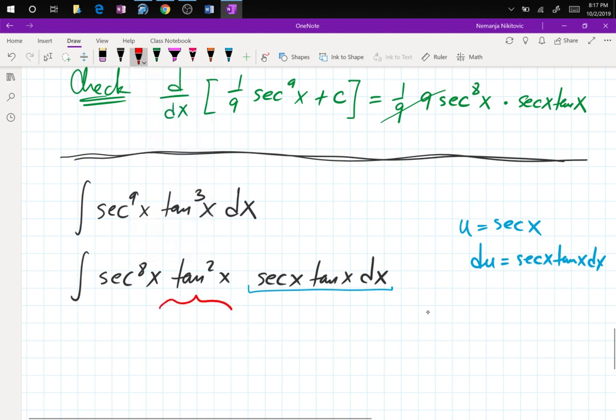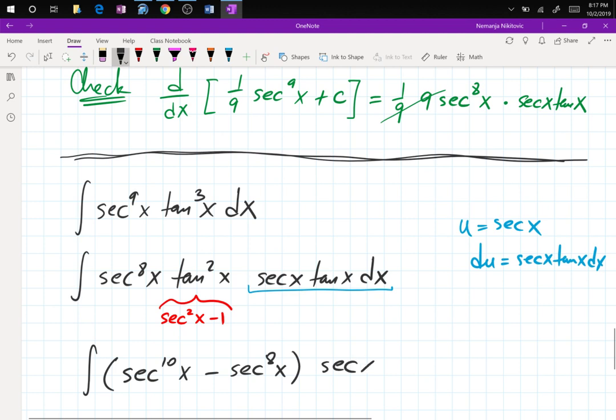This tangent squared is going to be secant squared minus 1. So this is secant squared x minus 1. And now you get to distribute, and again you can split into 2 integrals if you want to. So now you have secant to the 10x minus secant to the 8x, and then secant x tangent x dx.